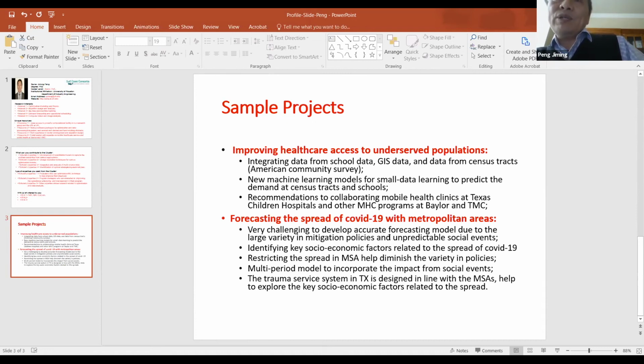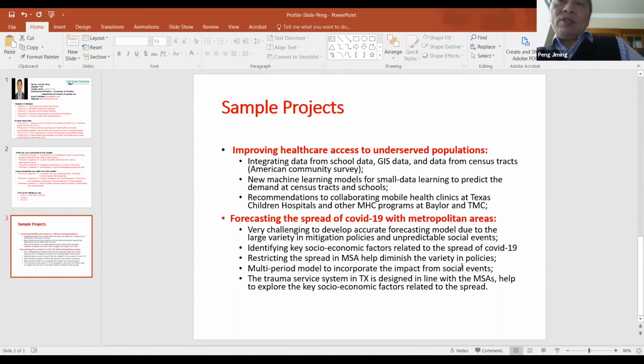It's mainly due to the large variety in mitigation policies adopted by the federal and local governments. There are also unpredictable social events such as massive gatherings, and it's not easy to identify the key social and economic factors related to the spread of COVID-19.